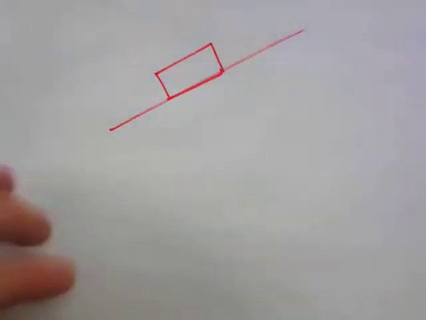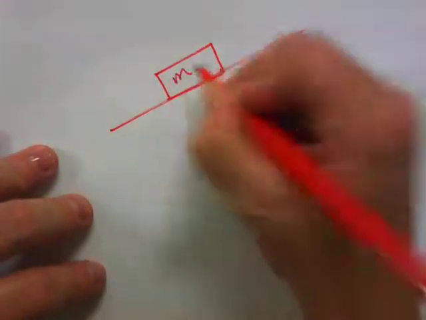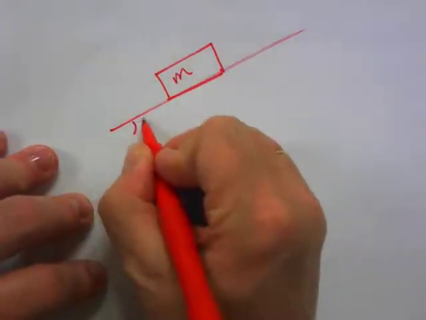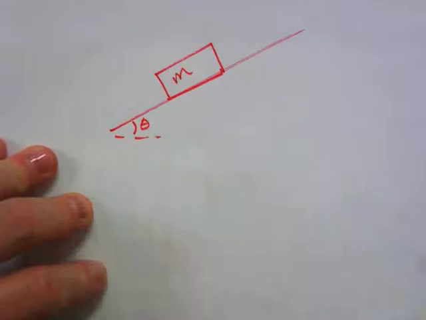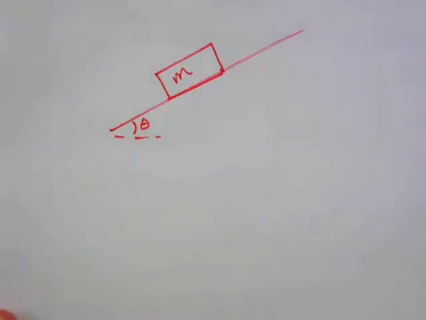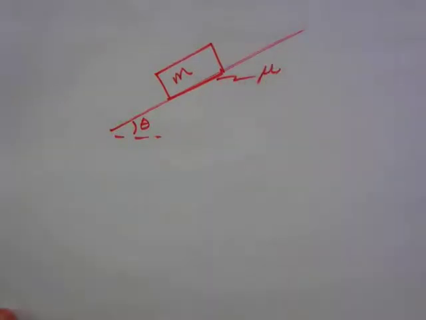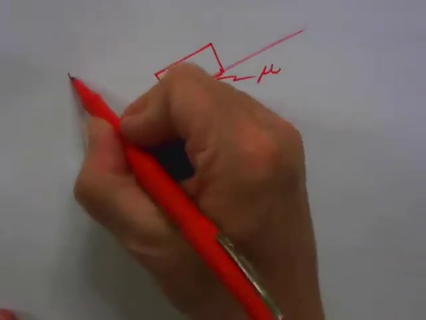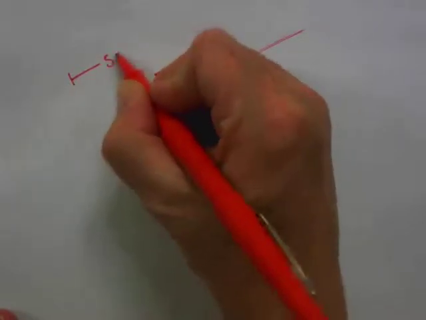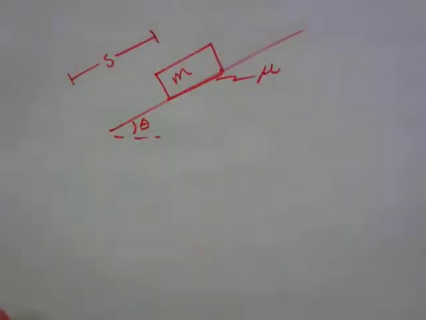You want variables or numbers? Variables. Wow, you guys are brave. Okay, let's say I have a mass and it slides down a hill. Did we ever get to do like a hill with bumps and stuff? Like a mogul hill?